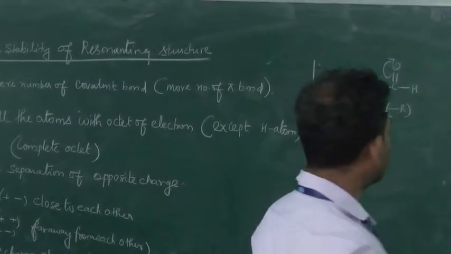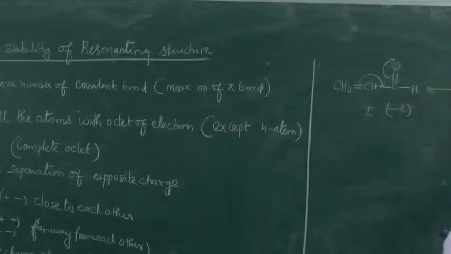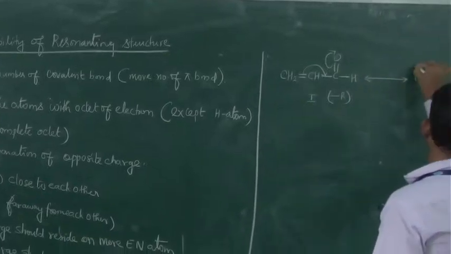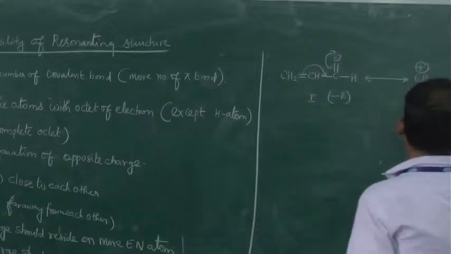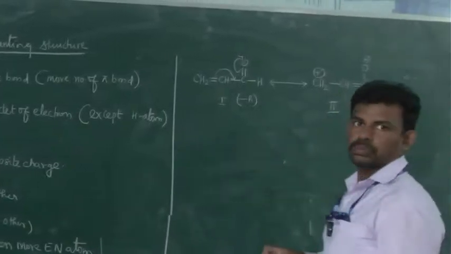So what will you get? Resonating structure: this is going to be CH2 with a positive charge, single bond, then CH double bond CO, here negative, here hydrogen. Is it clear? This is resonating structure 2.